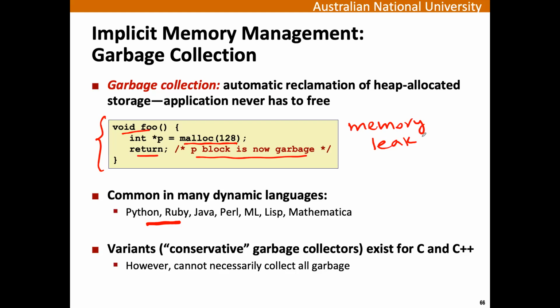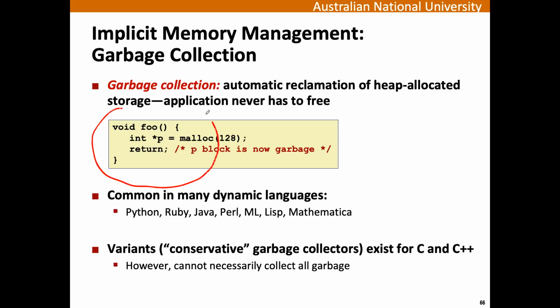If you have a garbage collector, it will automatically figure out that once this function returns, P is no longer needed. The scope of P ends after this function returns. So P cannot be used outside this function anymore. And the garbage collector will figure out, hey, P is not reachable. Okay?